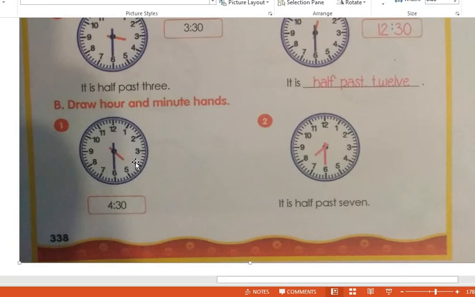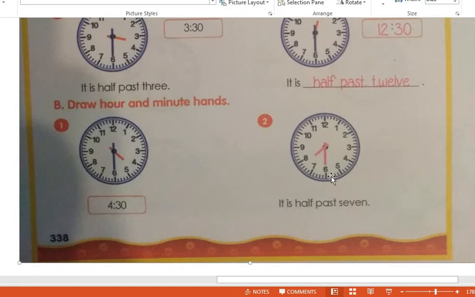Where is here 30? Do you have 30? Yes, miss. By counting minutes: 5, 10, 15, 20, 25, and 30. Bravo. So it's 4:30 or half past 4.